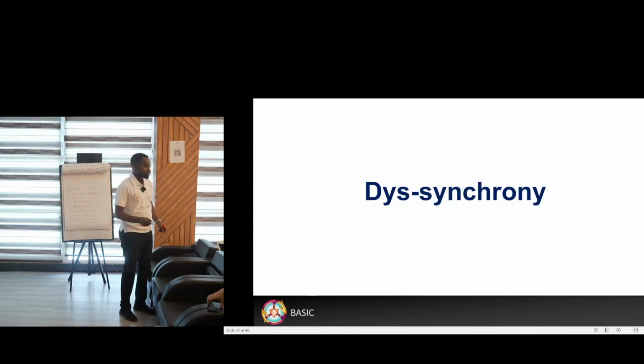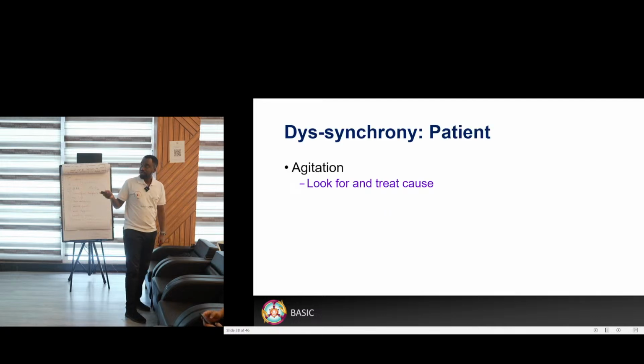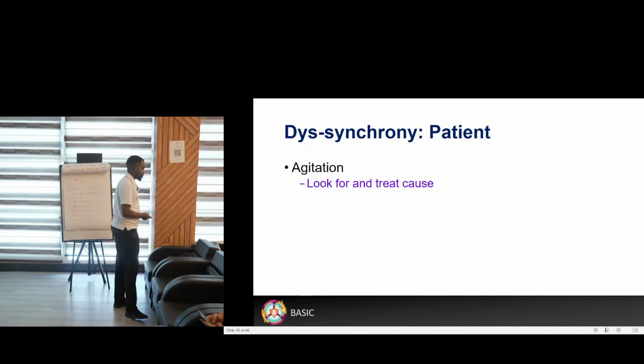Desynchrony. Desynchrony just means the patient isn't complying with your ventilator settings. So the patient is struggling and you have kept the patient on such settings. So look for and treat the cause. Why is the patient agitated on the ventilator settings?